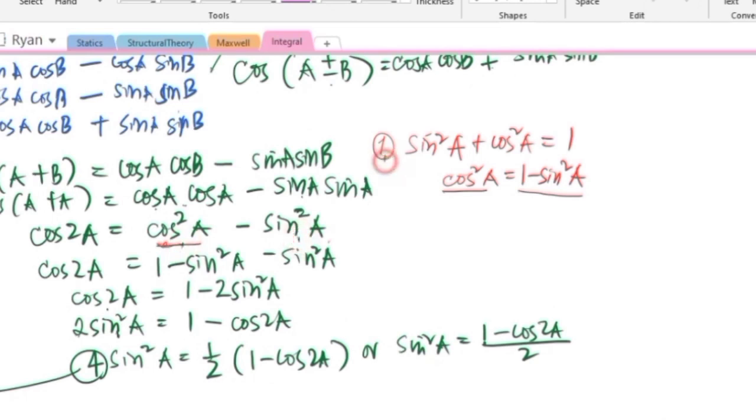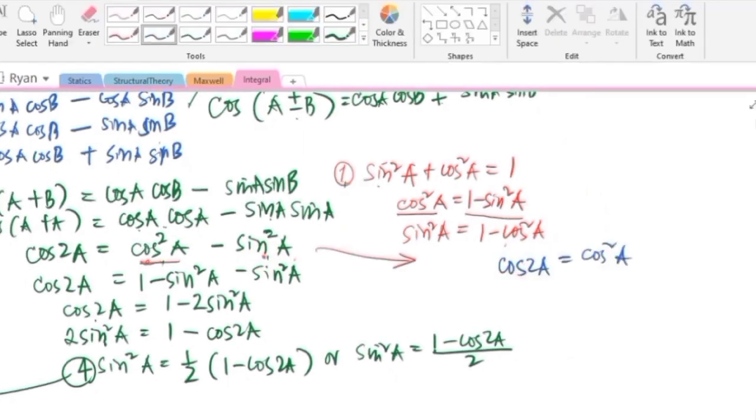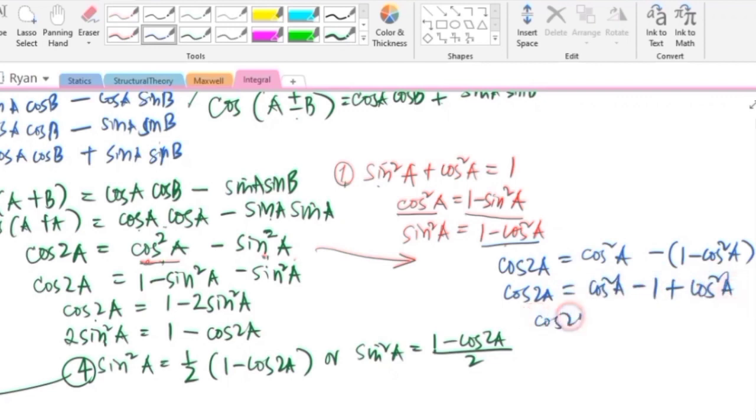So from our identity number 1, the Pythagorean identity, sinasabi dito na yung sine squared A is equal to 1 minus cosine squared A. So we will replace the sine squared A here with 1 minus cosine squared A. So this equation here would become cosine squared A minus this value, so I have 1 minus cosine squared A. So simplifying this, I would have cosine 2A is equal to cosine squared A minus 1 plus cosine squared A. So cosine 2A is equal to 2 cosine squared A minus 1.